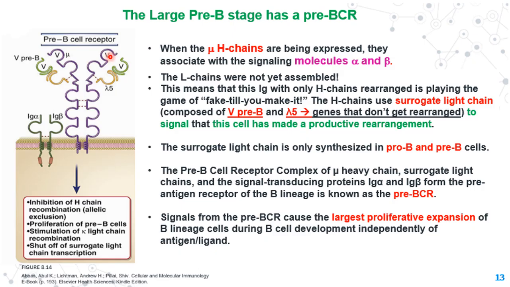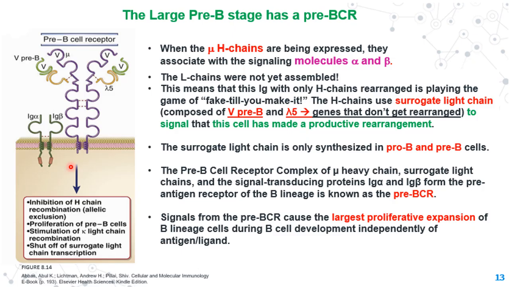After the heavy chain is found to work properly, so when you have a good heavy chain, this is when your B cell is going to start to proliferate. Okay, so it's going to start dividing and dividing because it just went through a big milestone in its development. So it made a successful heavy chain.